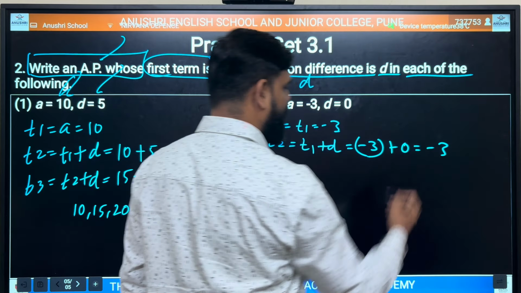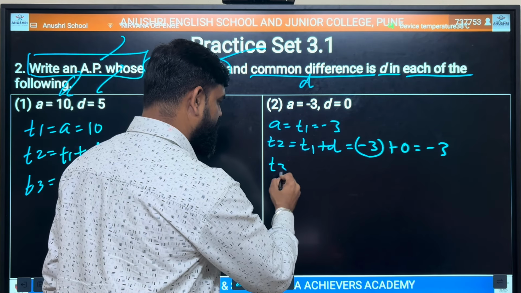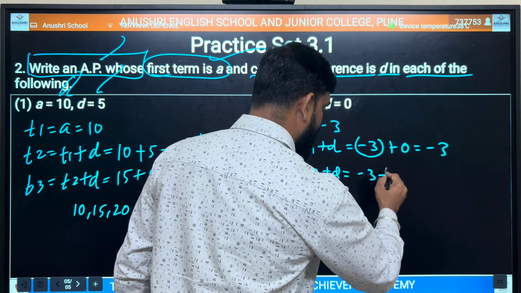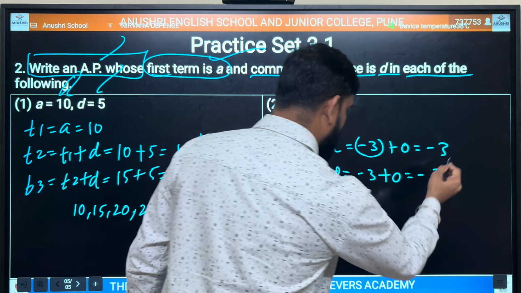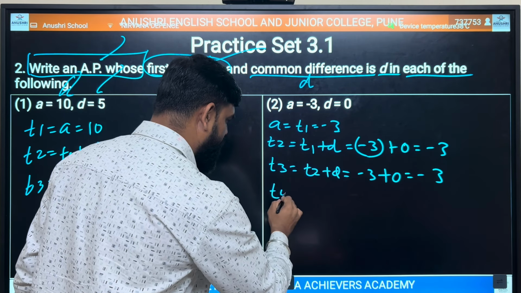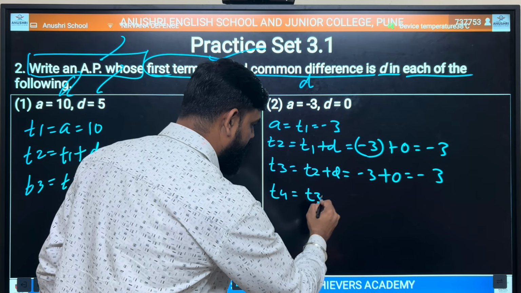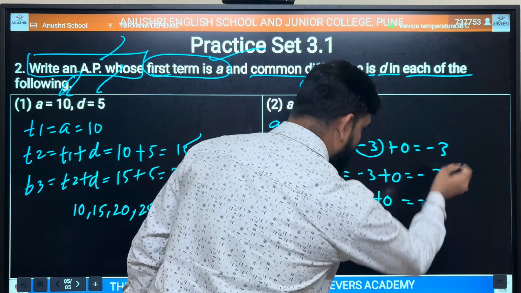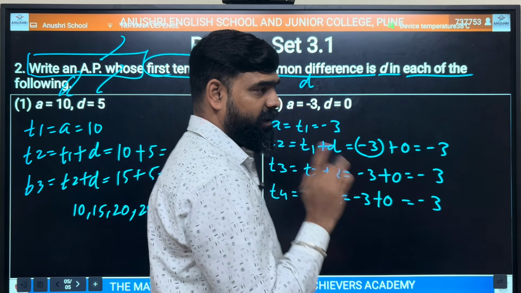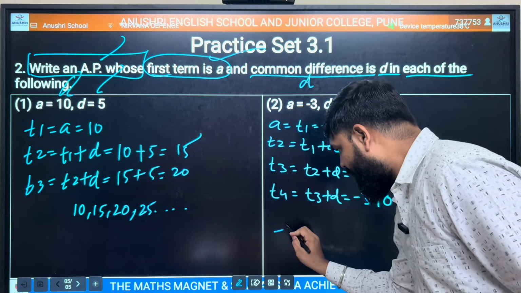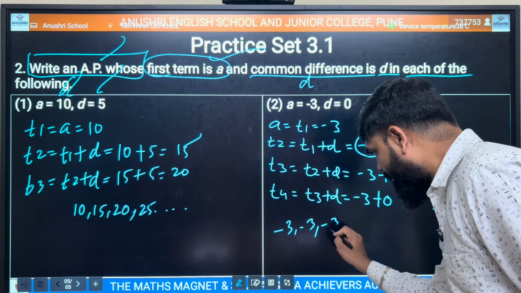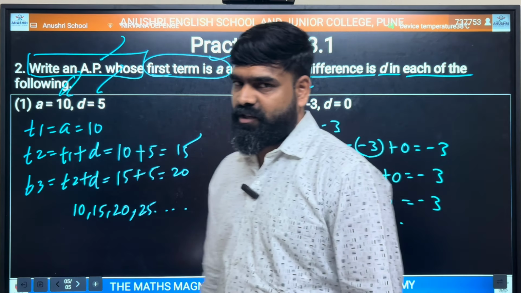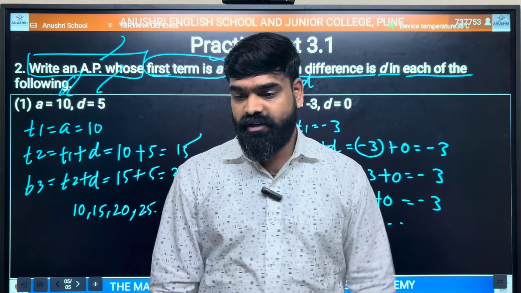So we will have minus 3 here. T3 is also T2 plus D, T2 is minus 3 plus 0. Same number. T4 is equal to T3 plus D, minus 3 plus 0. So you can write an AP like this: minus 3, comma minus 3, comma minus 3, comma minus 3, up to infinity. So likewise you can solve this question.